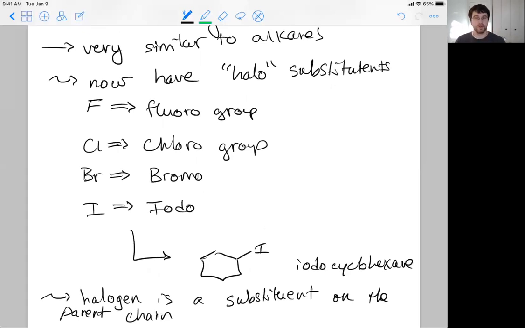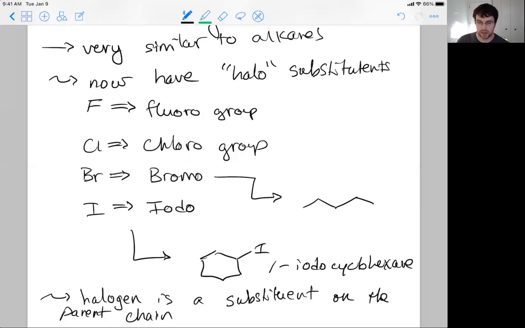And so we just could have parent chains with halogen atoms hanging off of them, and we just need to include them. And so for this first example, you could also have 1 in front of this to indicate the position. Although if it's just a number 1 and there's not a number 2 present for a ring structure, IUPAC many times likes to let you get away without the number 1. Let's look at another example.